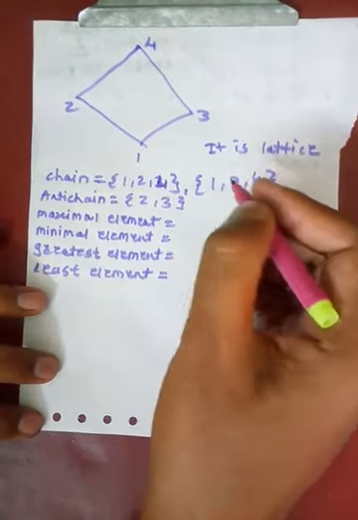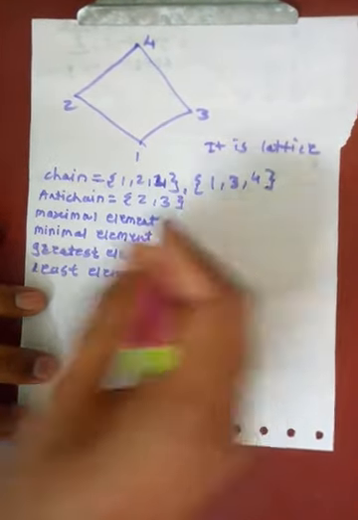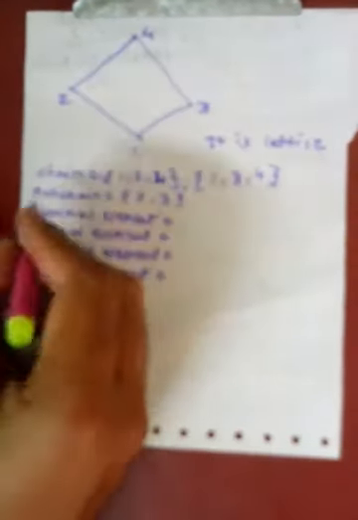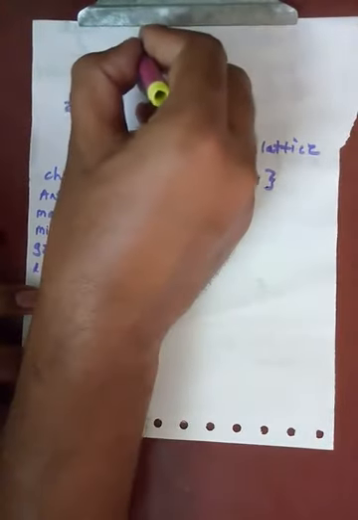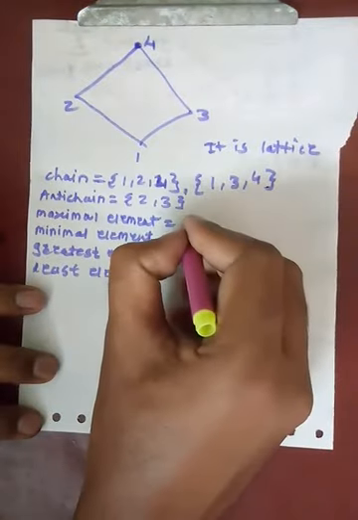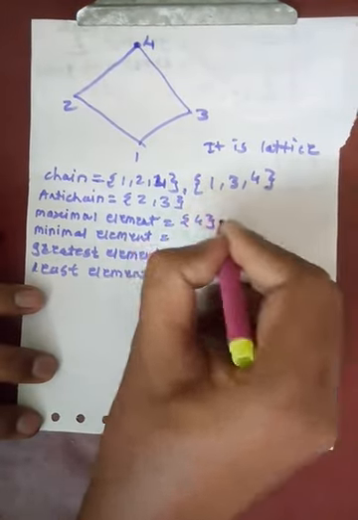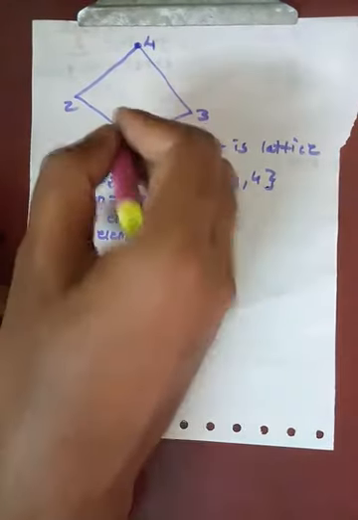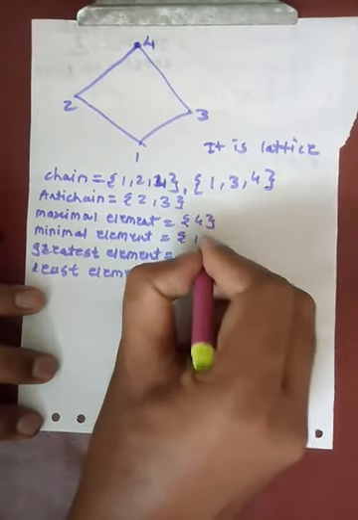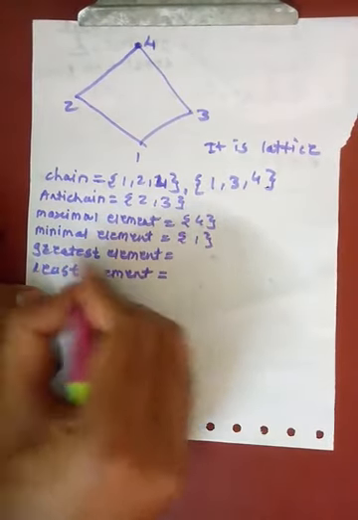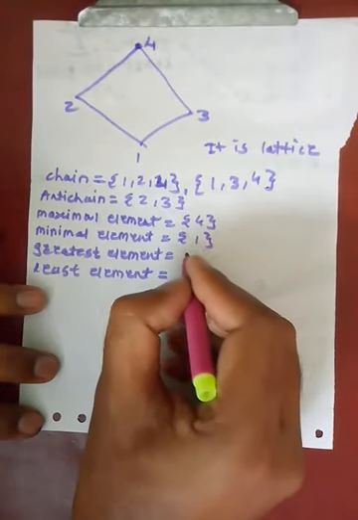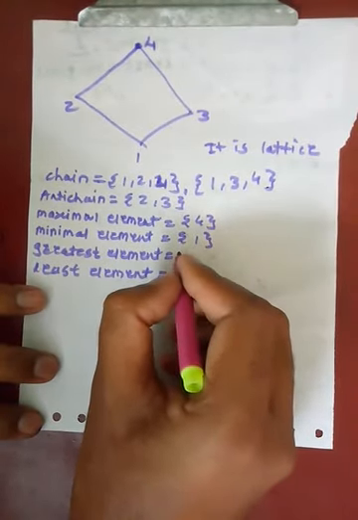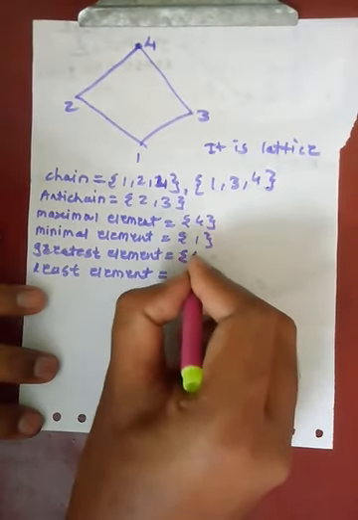Maximal element: the element which is at the upper level, and at the upper level there is only one element, that is 4. Minimal element: the element which is at the lower level, that is 1. Greatest element is the single element at the top level, that is again only one element, 4.